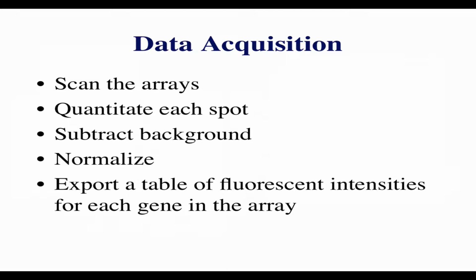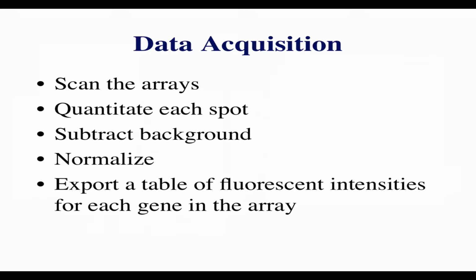There are a million variables that go on: the age of the buffers, the temperature in the room, the voltage of the laser that's exciting the fluorescent molecules, the exact calibration and focus of the fluorescent detector.